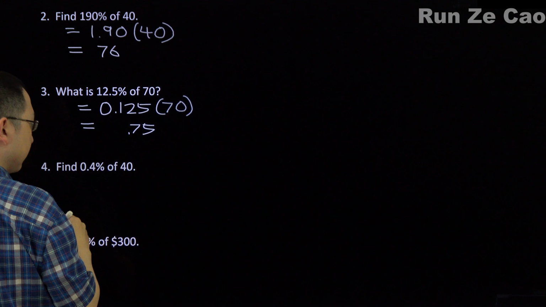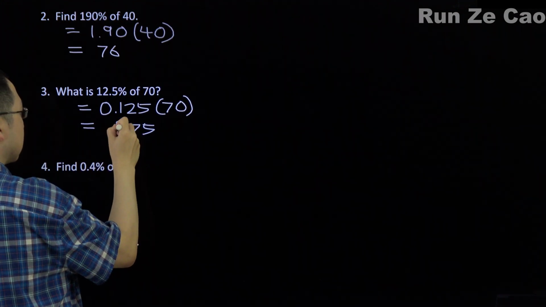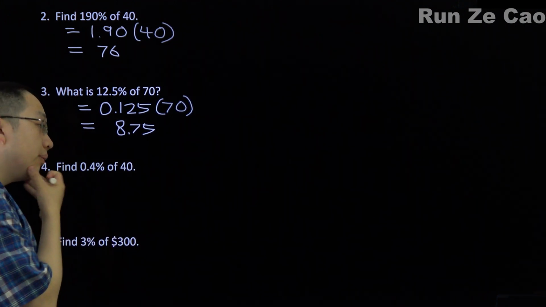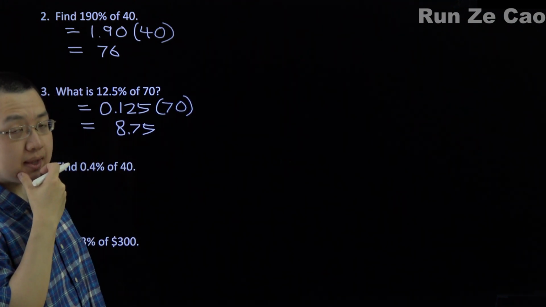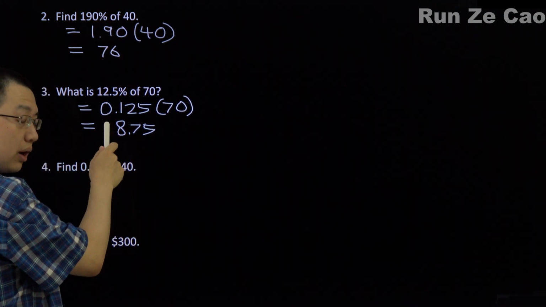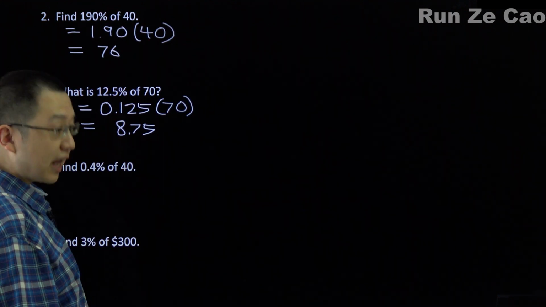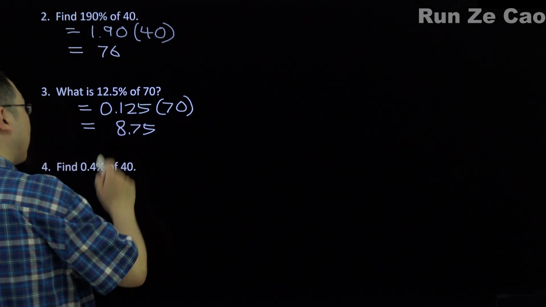And then 1 times 7 gives us 7. So we get 8.75. Or we could go with, well, we know 1.25 is 1/8 of 10. When we got to 1.25 times 7, we could have gone 1.25 times 8 minus 1.25. In other words, 10 minus 1.25.